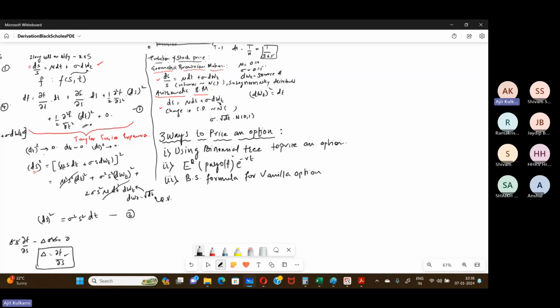The formula is: call option price is equal to S into N(d1) minus K into e to the power minus r tau into N(d2), where d1 is equal to log of S by K plus (r plus sigma square by 2) times time to expiry, divided by sigma times square root of tau.